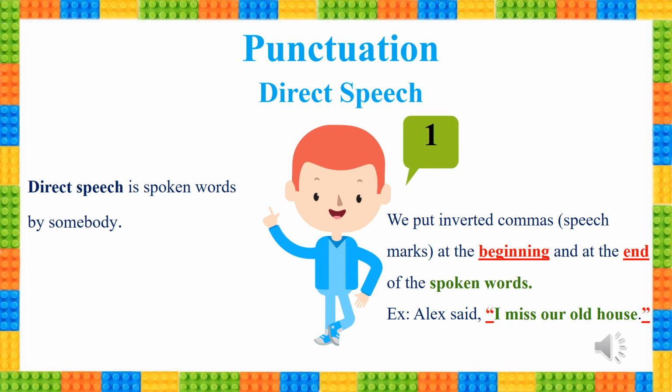Now see the example. Alex said, I miss our old house. So children, as you can see, spoken words are the words that I have highlighted in green. And at the beginning and the end of the spoken words, you can see red inverted commas, or we call it speech marks.